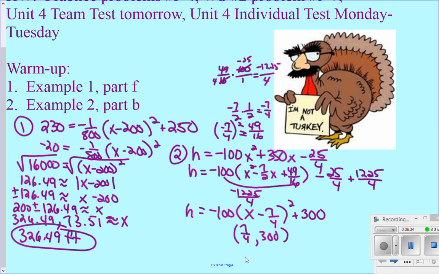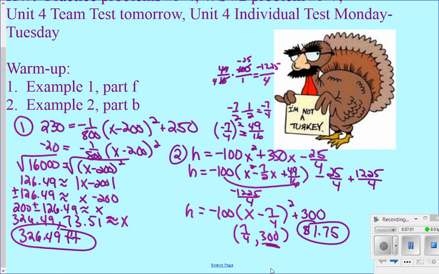So 7 fourths as a decimal is $1.75. So they should charge $1.75 in order to maximize their profit. Now, I didn't really assign part C, but we know that part C is asking what is the maximum profit. Well, that's just the y part of the vertex. So the answer to part C is $300 is the maximum profit.